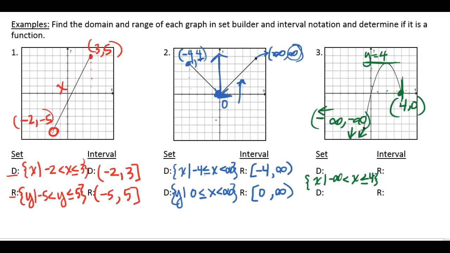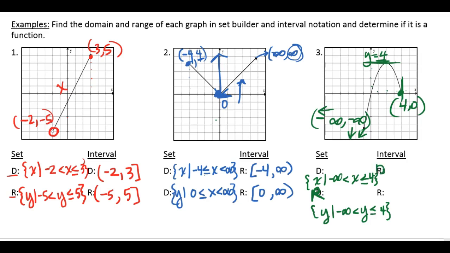For the range, sorry, this should be range, notice that typo, I'm sorry. So for the range here, this would be y such that the lowest y value is negative infinity and the highest y value is way up here at 4. And it can equal 4, so it's less than or equal to 4. All right?